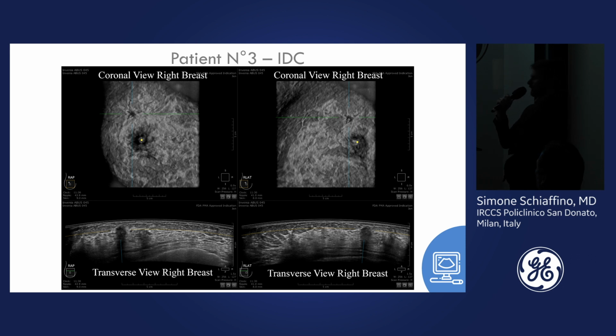This is a unique feature of the coronal plane, and this is one of the reasons why we like this feature so much. I know that this is the feature that Tabar uses when reading an exam.